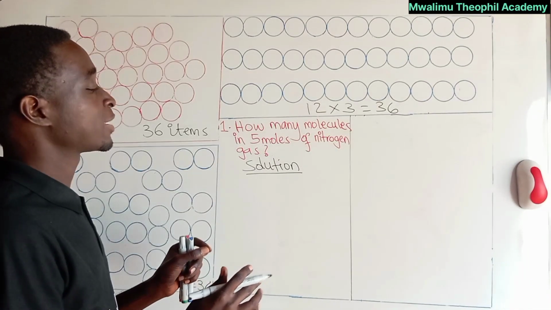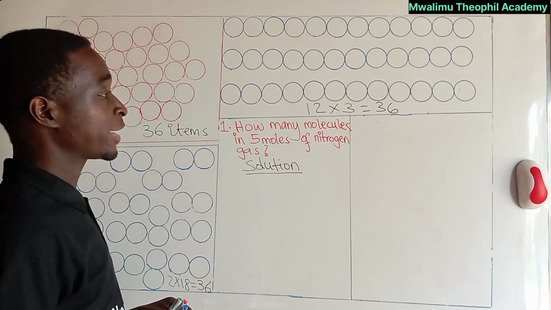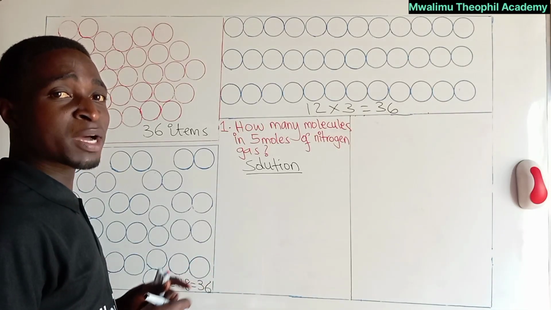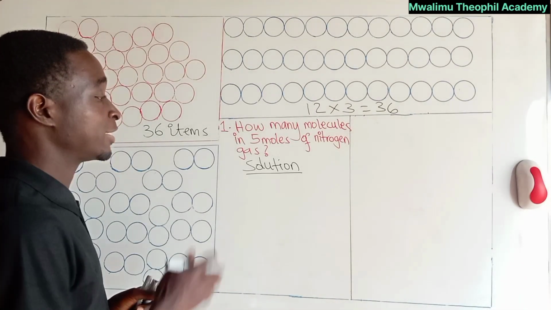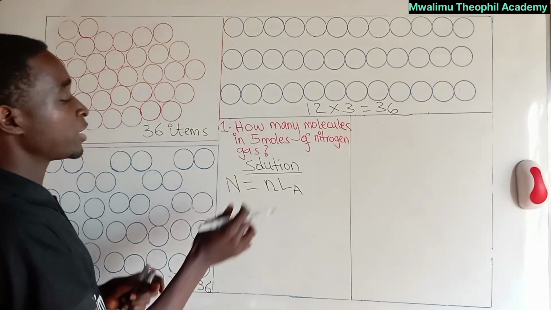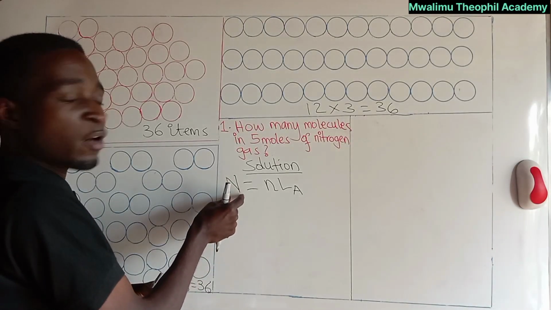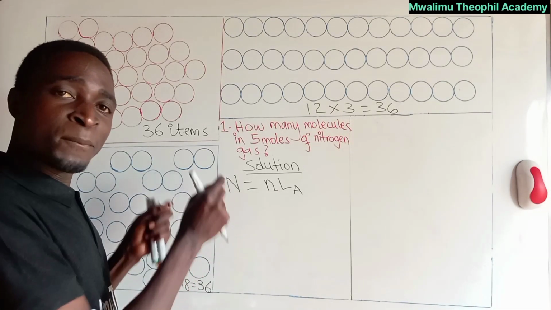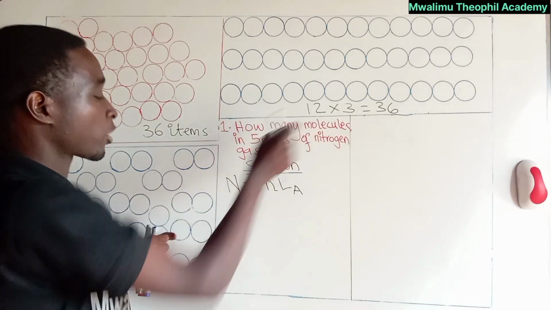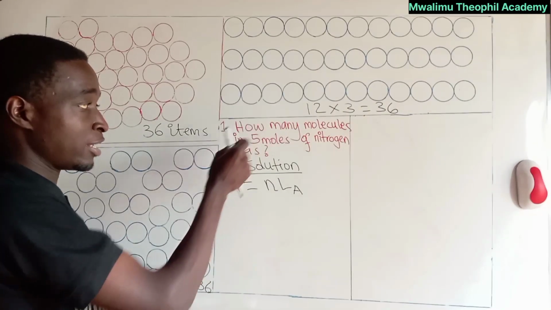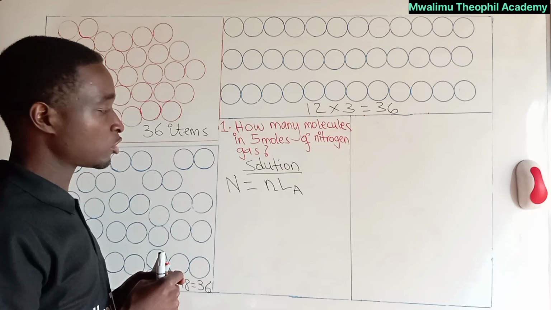In our question here, we are asking for the number of particles. The particles asked here are the molecules. How many are they in 5 moles of nitrogen?